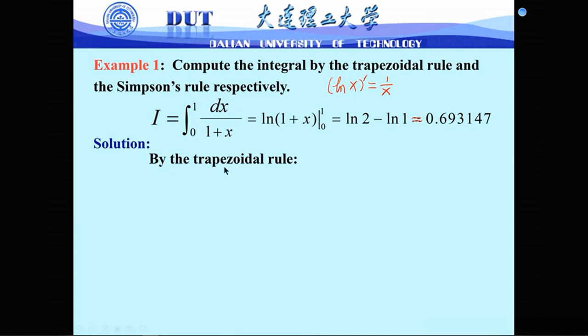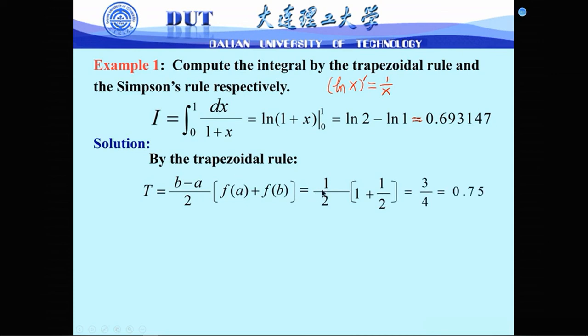Firstly you should remember how to use the trapezoidal rule T. It should be b minus a over 2, the length over 2, right? Multiply f(a) plus f(b). This is the trapezoidal rule. Then b is 1, a is 0, so 1 over 2 multiply f(a). f(a) means when x equals 0, so it is 1, right?